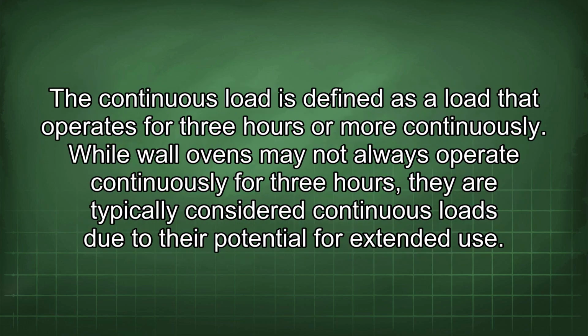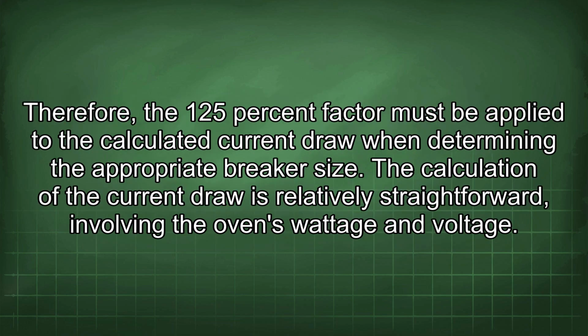The continuous load is defined as a load that operates for 3 hours or more continuously. While wall ovens may not always operate continuously for 3 hours, they are typically considered continuous loads due to their potential for extended use. Therefore, the 125% factor must be applied to the calculated current draw when determining the appropriate breaker size.